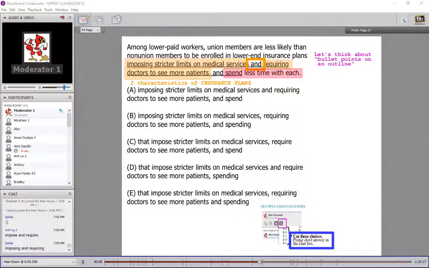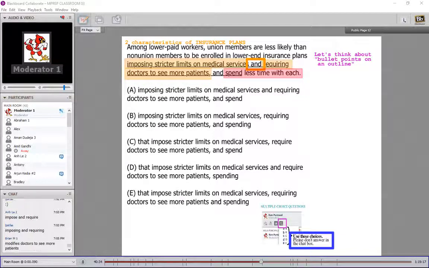Doctors do this. And what's the relationship between that and the orange stuff? What's the relationship between spending less time and seeing more patients? Are those independent of each other? Yeah, this is a relationship, right?